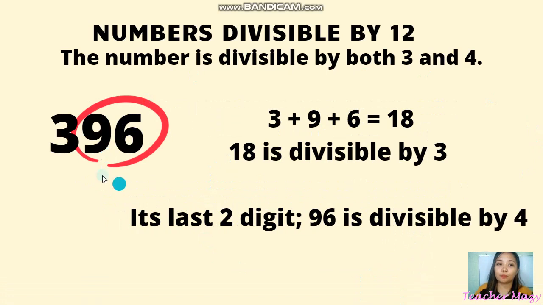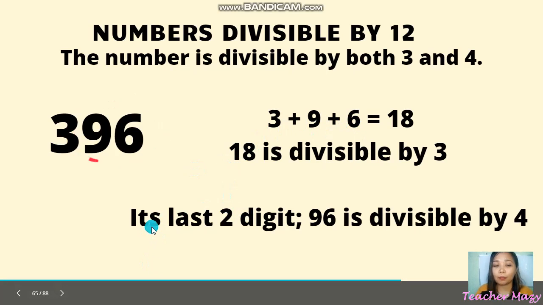For example, 396. To check if a number is divisible by 3, we need to add all of its digits. 3 plus 9 plus 6 is equal to 18. And 18 is divisible by 3. So that means this is checked.